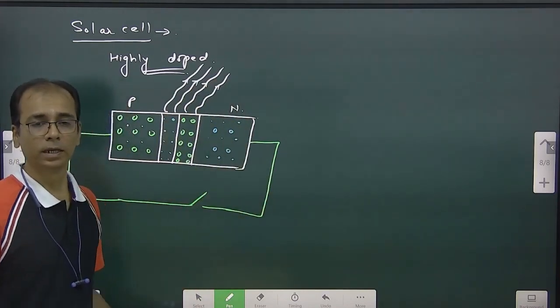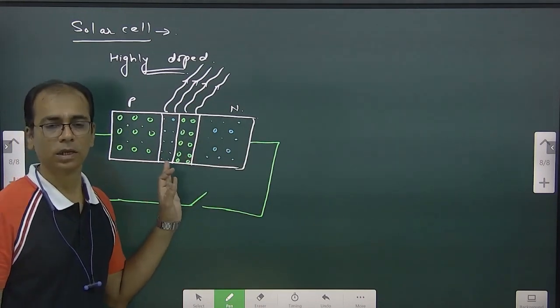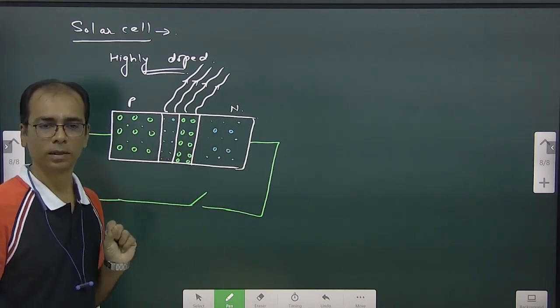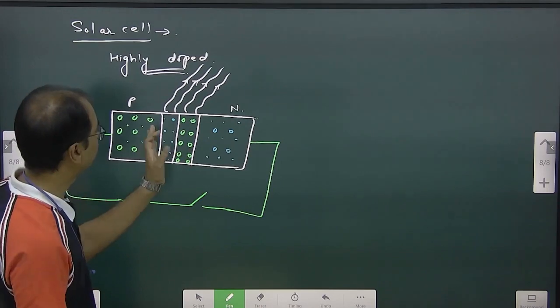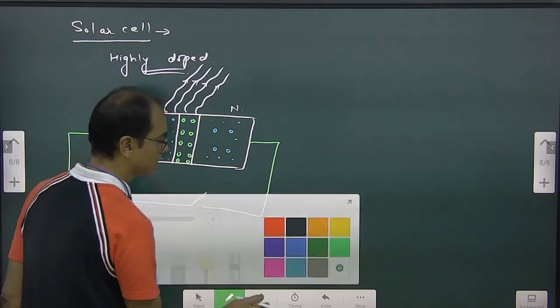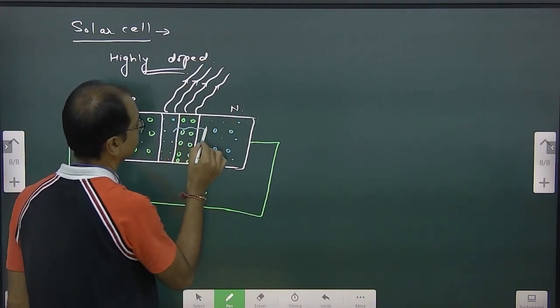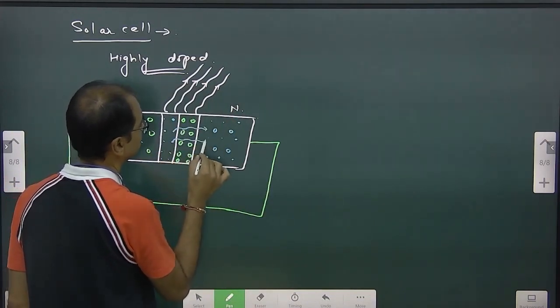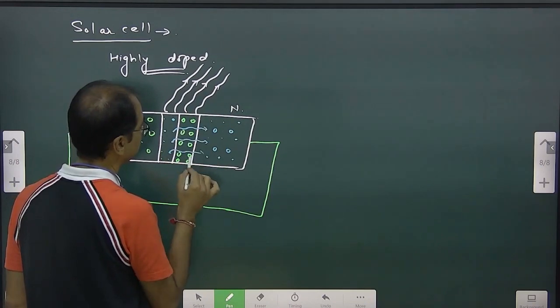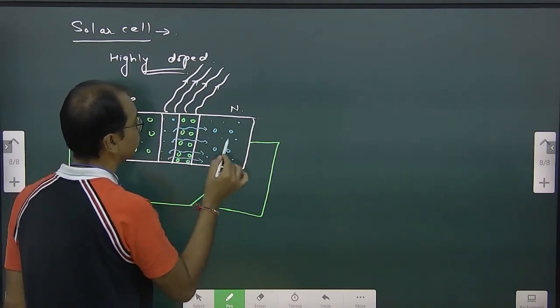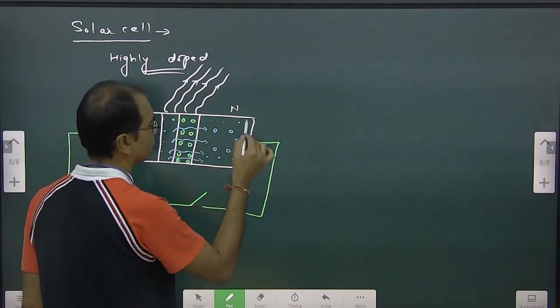These photons are incident and these covalent bonds are breaking. So when covalent bonds are breaking, what happens? Your electrons will come to this side. High energy electrons, yes or no? So all these electrons will come on this side.